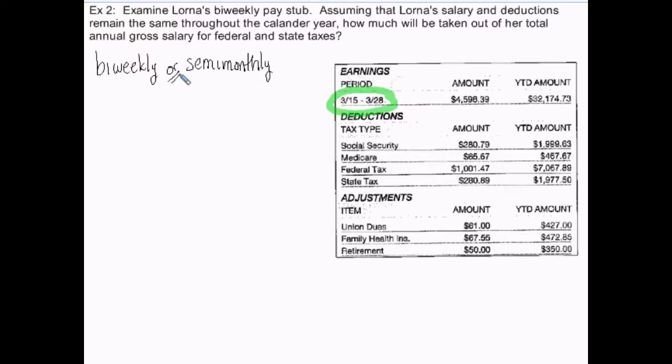Semi-monthly is when you get paid 2 times a month. And bi-weekly is when you get paid every 2 weeks. And you might think, well, that's the same thing, except it's not. Twice a year, you have a 5-week month.